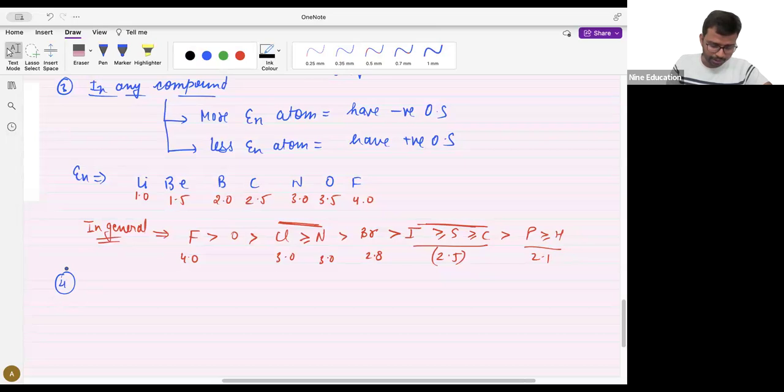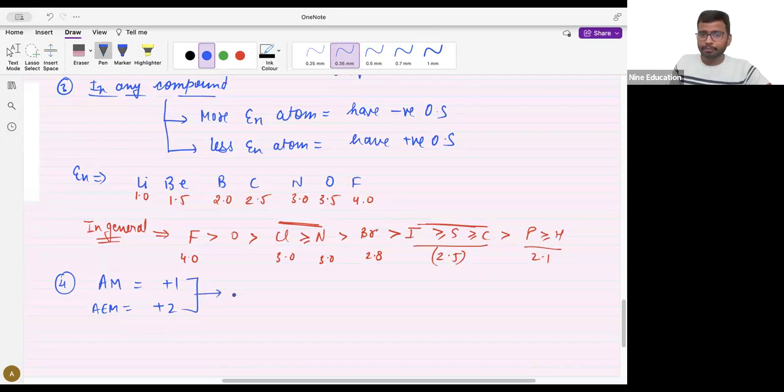Fourth rule. Alkali metals. You all know alkali metals will show which oxidation state, which is +1. Alkaline earth metals will always show +2. They will show +1 and +2 with highly electronegative atoms.